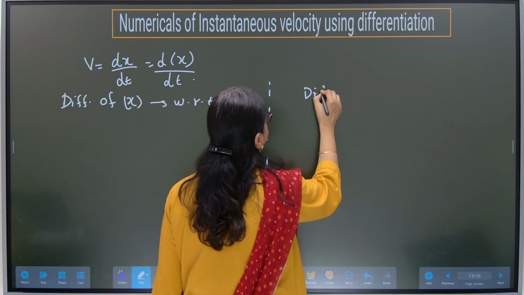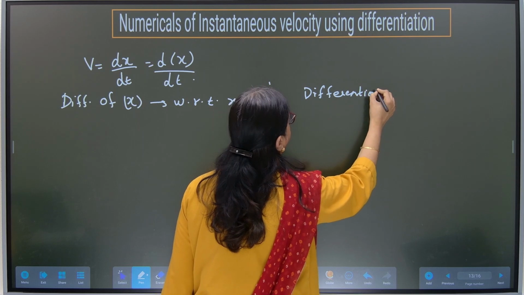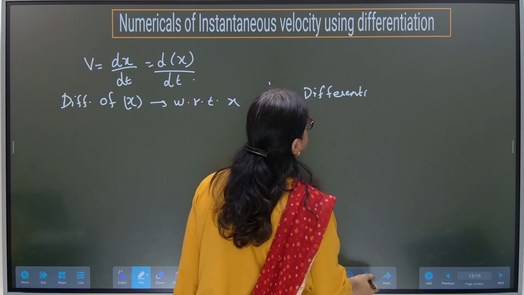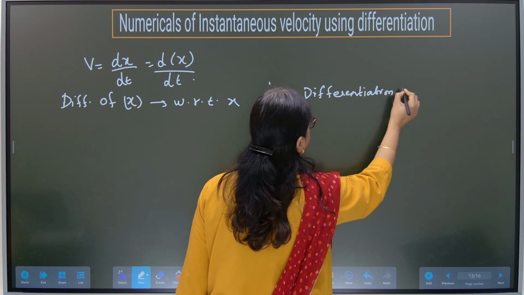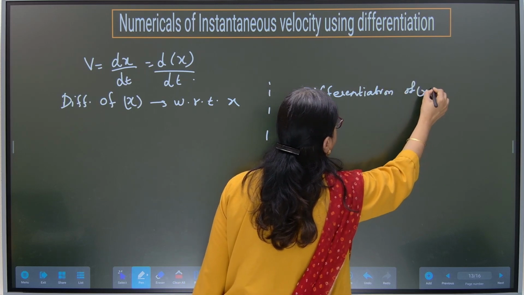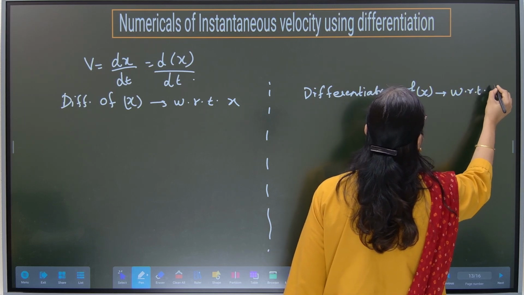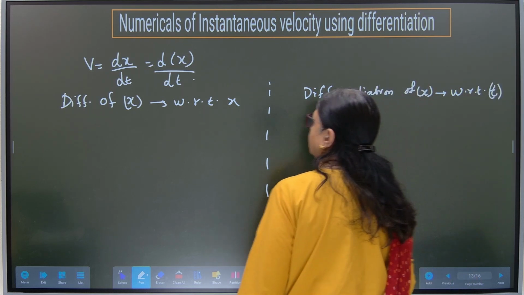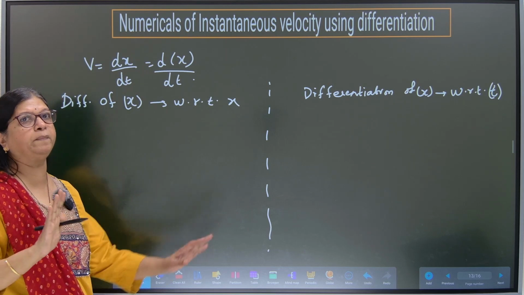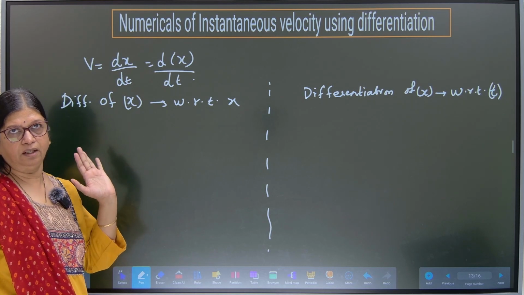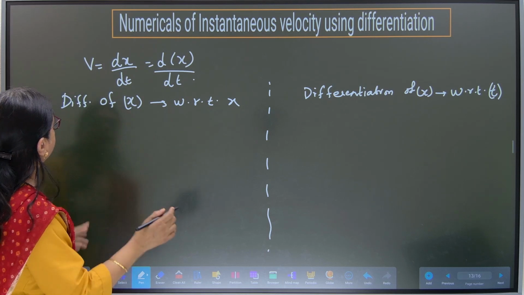Differentiation of x again with respect to another variable, say t. Okay, so both these types we will see how to differentiate. Formula will remain the same, remember that, for both the categories. Understood?